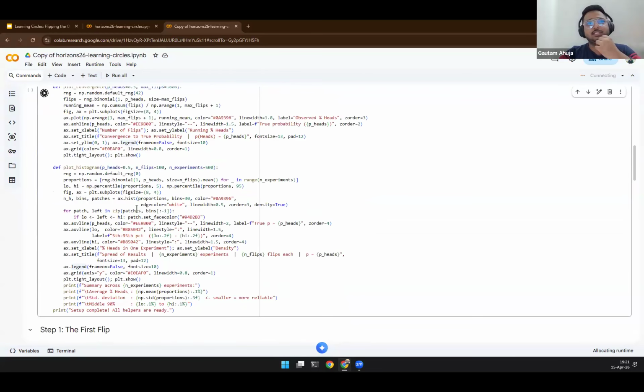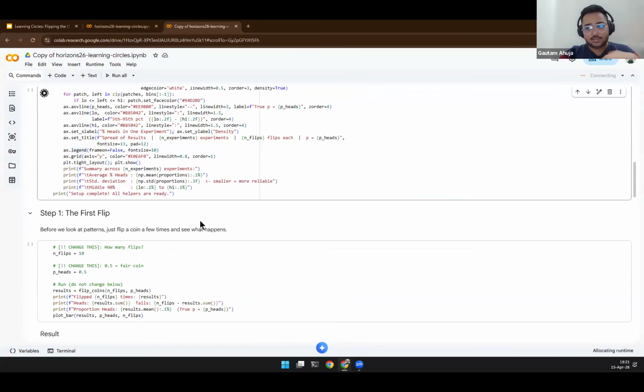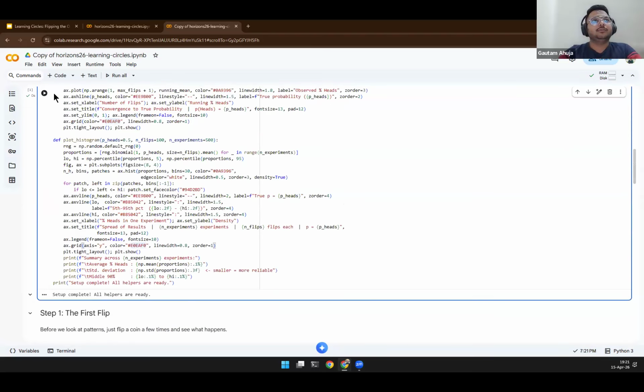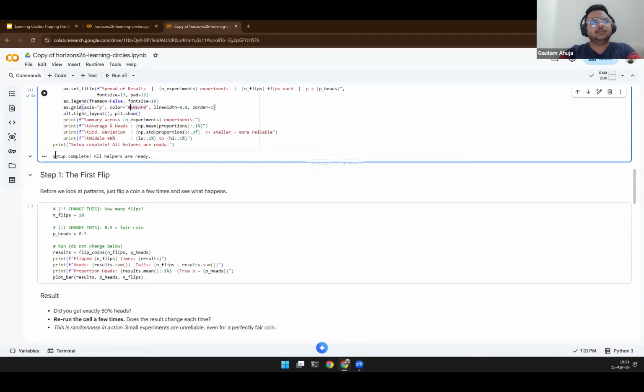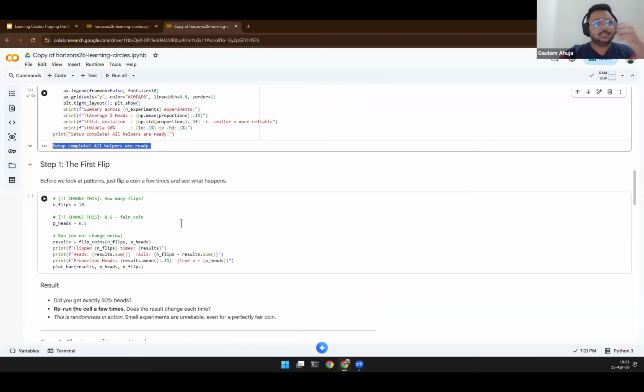We are setting up all the material we'll need for the experiments, the flipping of the coin, the plotting of the results, and so on. If you click the play button, you should see at the end "Setup complete and all helpers are ready." If you are done till here, we can start the next exercise, plotting our first coin flip itself.